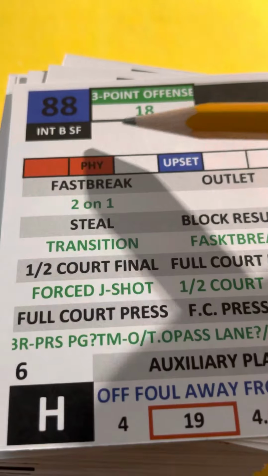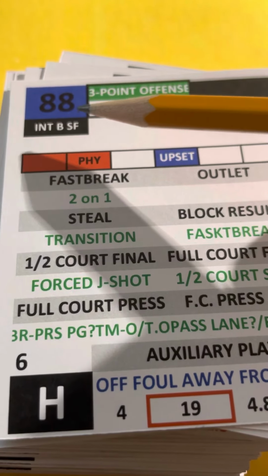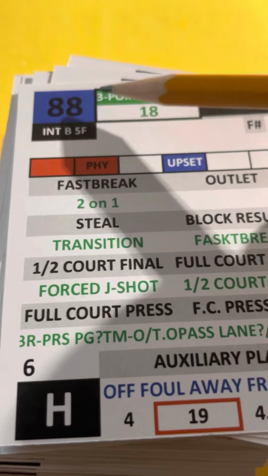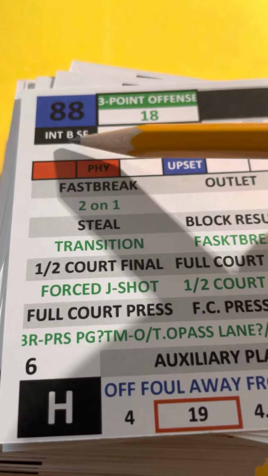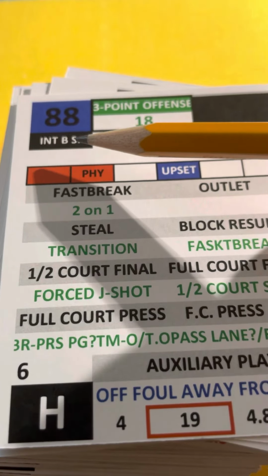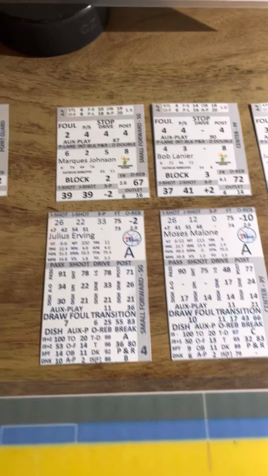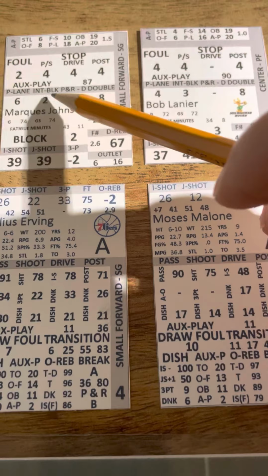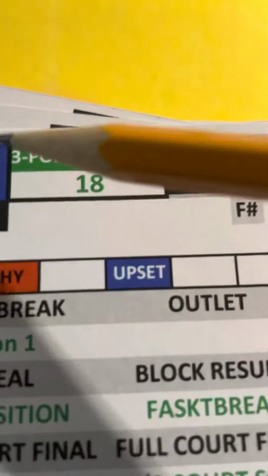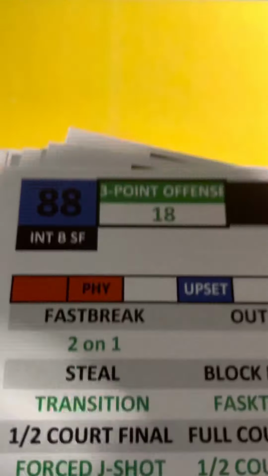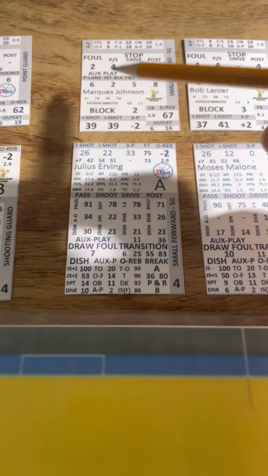Because what this signifies here is, if you are driving to the hole and you're going to shoot, let's say you took the shot, you're going to check to see what the interior block rating of the shooting forward is. In this case, let's say it's Marcus Johnson. His interior block rating is a 2, and that's a 1 to 20 number. So if it was the shot interior block rating, small forward, Marcus Johnson's interior block rating is a 2.